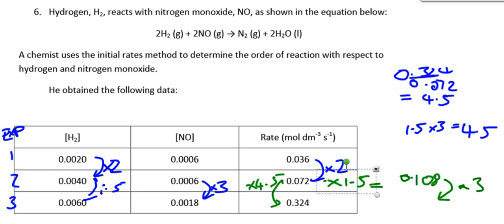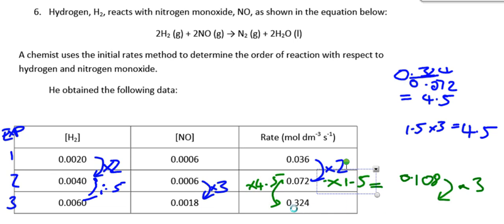So what we can say is that we've checked the two contributions. We've checked the contribution from here. We know that this is first order. It's increased by 1.5 times here, and that increase by 1.5 gives me 0.108 on my rate. Then to get from 0.108 to 0.324, I can times by 3.